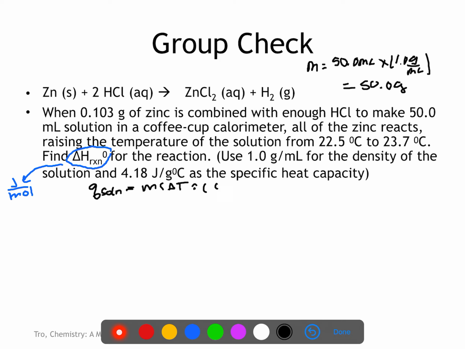You just plug everything else in, you have 50 grams times 4.18 joules per gram Celsius times your temperature change. And that gives you your heat of solution is equal to 250.8 joules.